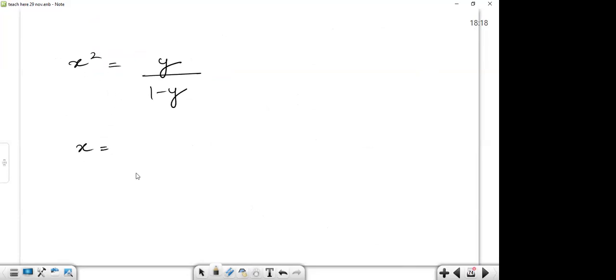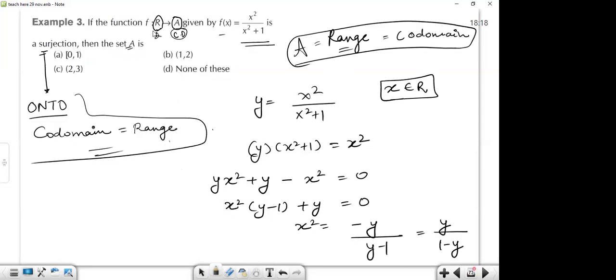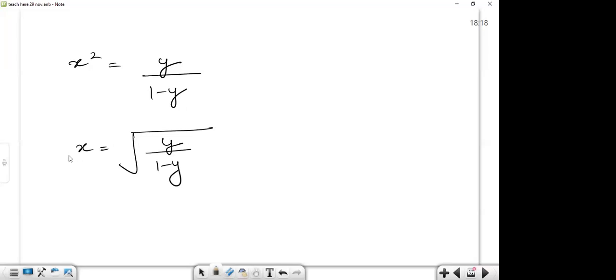Now bringing the square to the right hand side. We knew from the question that our domain for x was real numbers, so this has to be a real number. Now, as we know, the square root of any negative number is imaginary, which is not real. So this must not be negative.